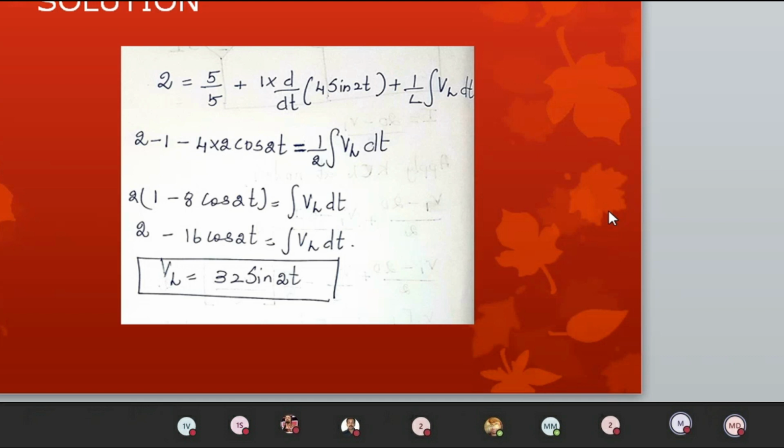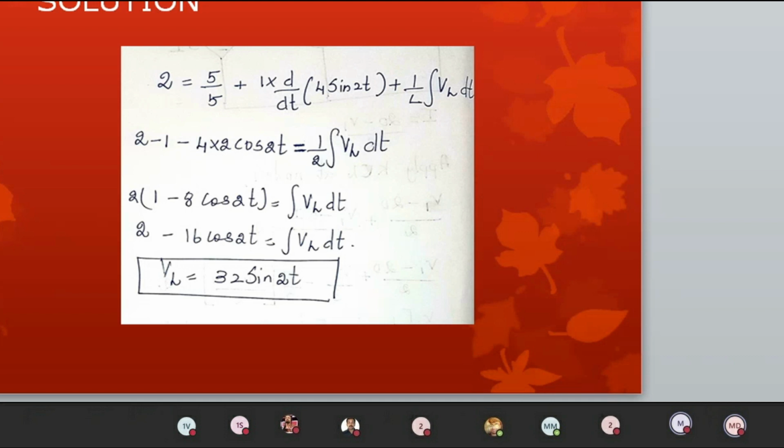Current through the capacitor is C dV_C by dt. If I want to remove the integral, I have to differentiate the other side. Differentiating an integral removes the integral, which is why the integral of V_L dt differentiates to V_L only.